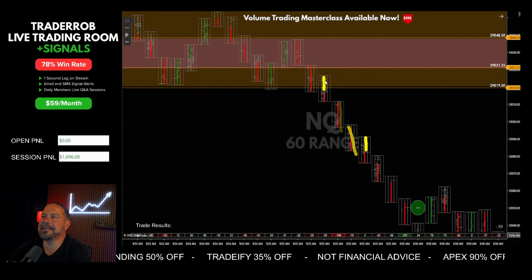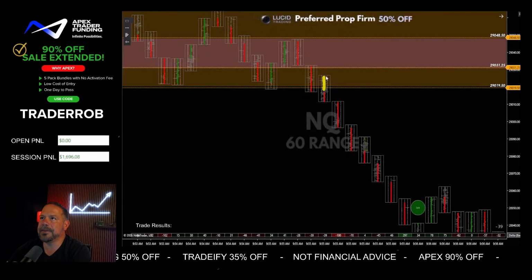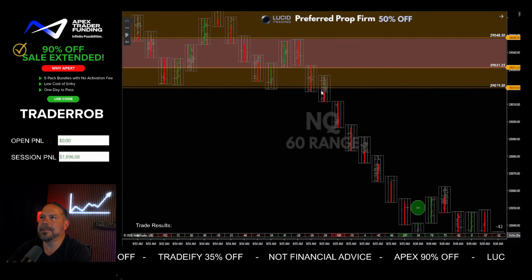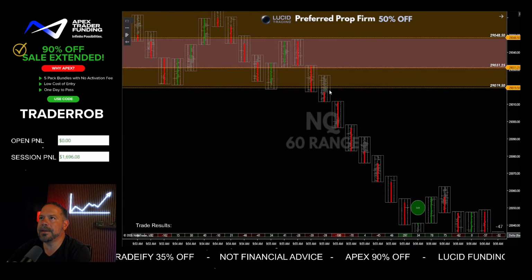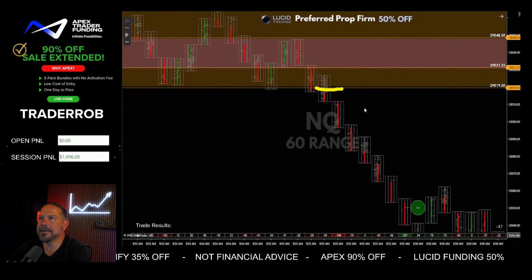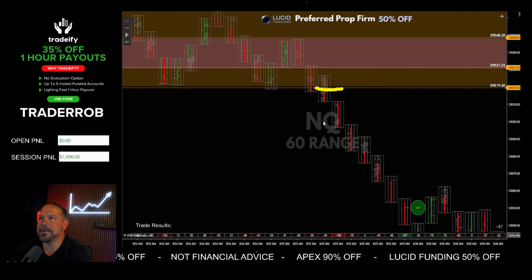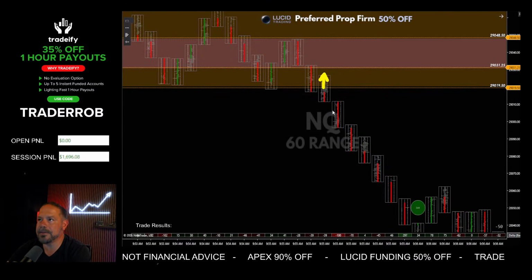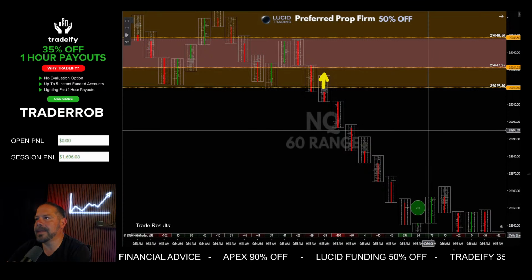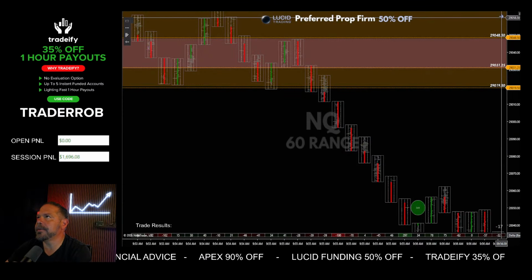It's not necessarily a huge requirement for it to be a full body candle. But what I'd really like to see is the top of this footprint somewhere down here. Like that to me is impulsive in nature. This to me is balanced out volume to continue the move. And that's just the way that I personally see the market.